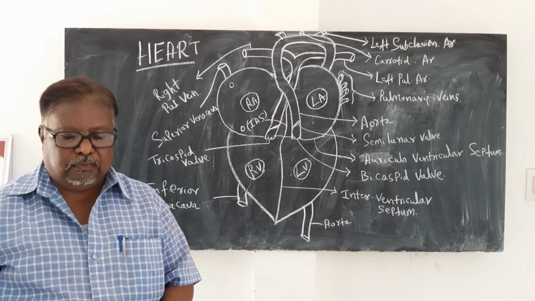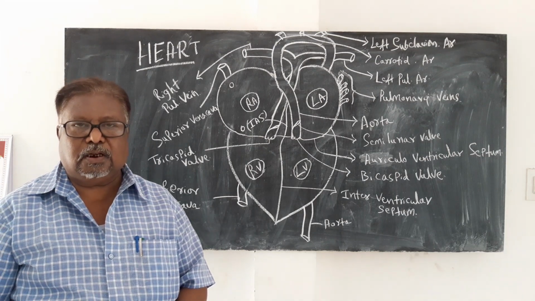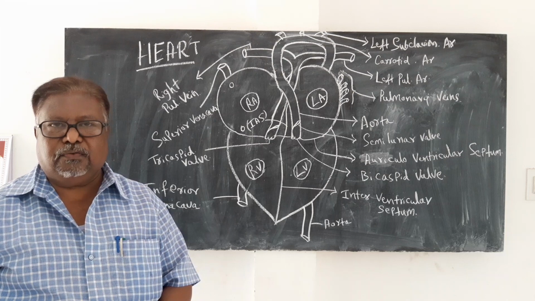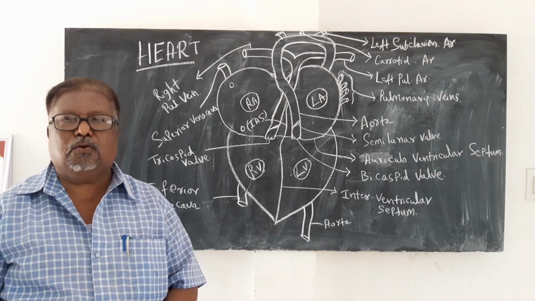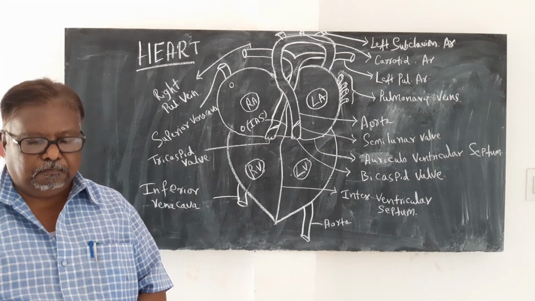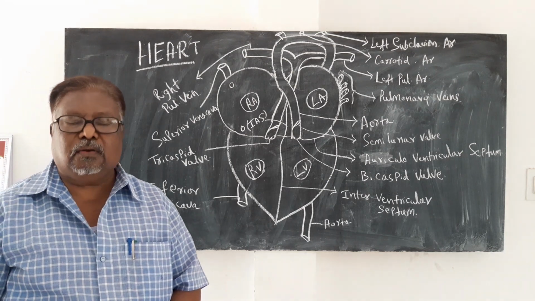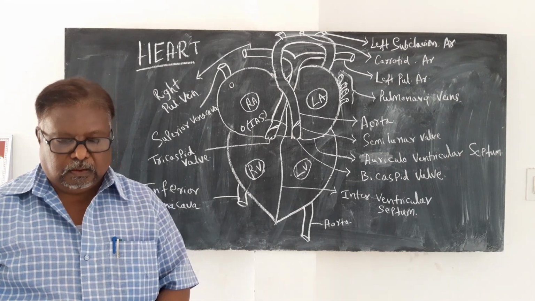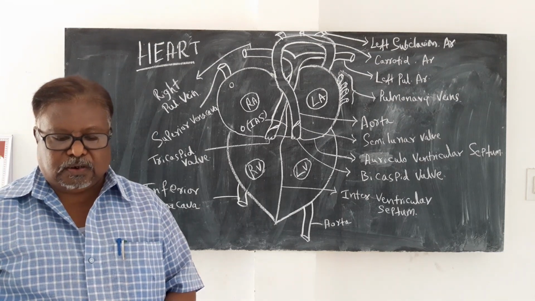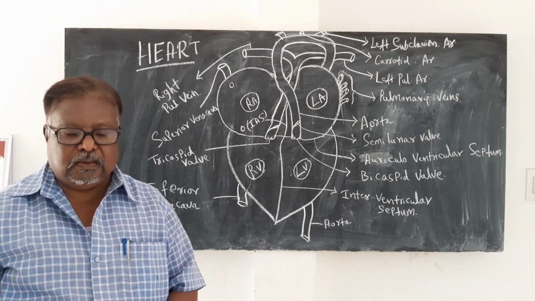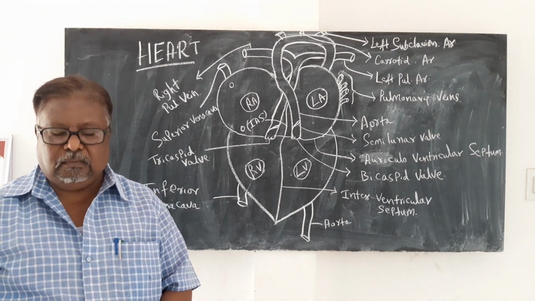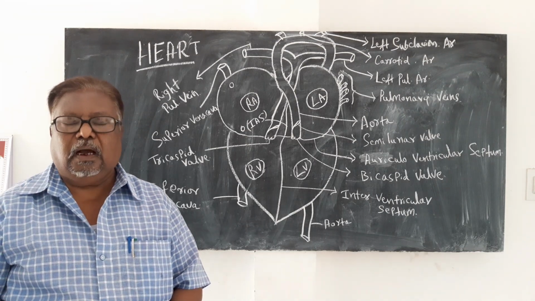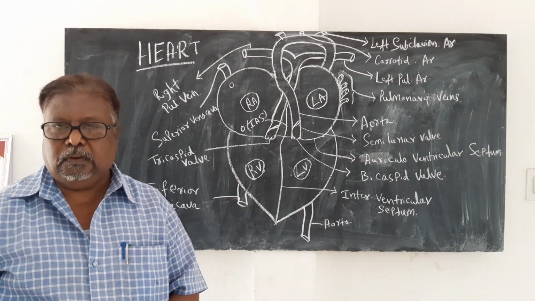Today I am going to start with the circulatory system, the structure of the heart and the movement of the blood. The circulatory system is also called the blood vascular system or cardiovascular system. The main transport system of the body is the blood circulation. It consists of blood, heart and blood vessels.